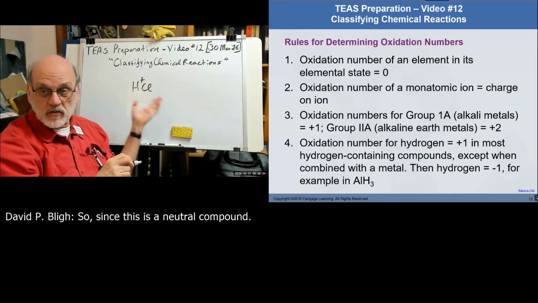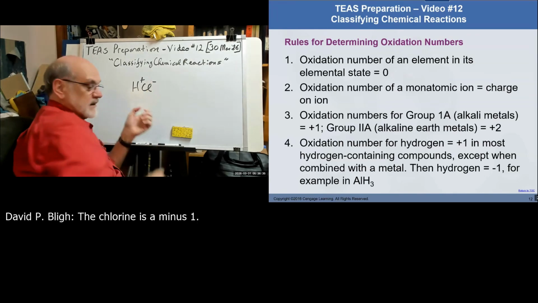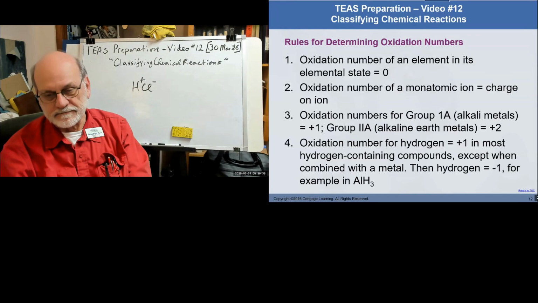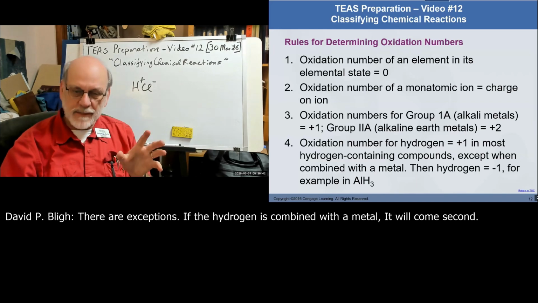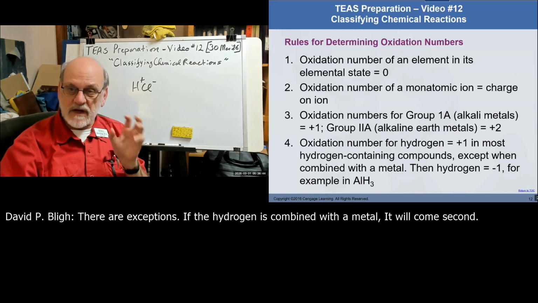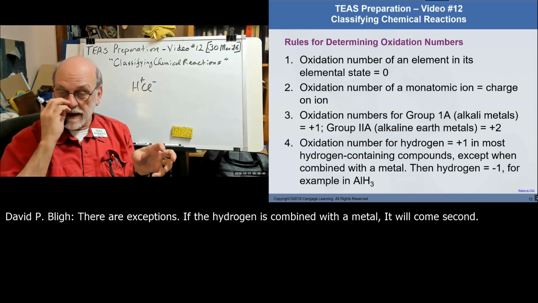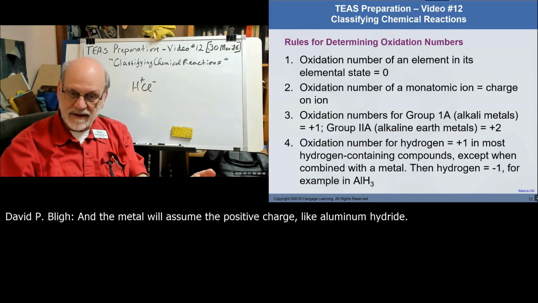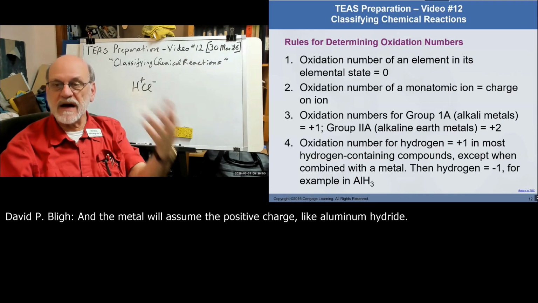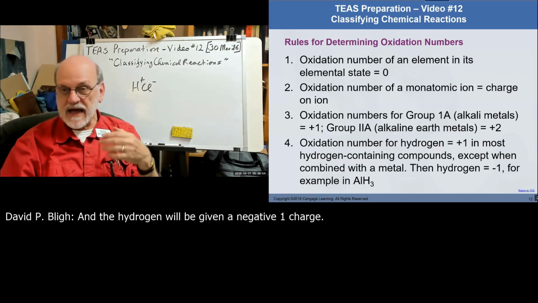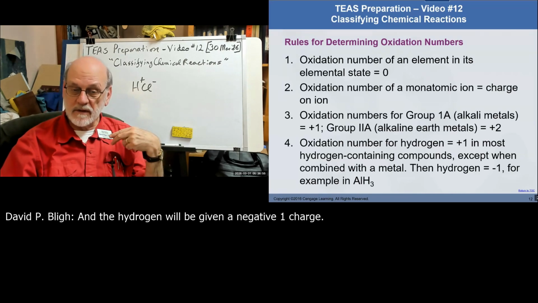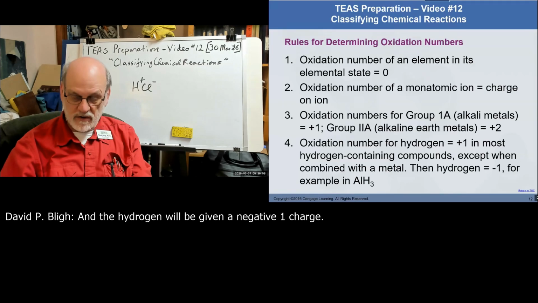So since this is a neutral compound, the chlorine is a -1. There are exceptions. If the hydrogen is combined with a metal, it will come second, and the metal will assume the positive charge, like aluminum hydride, and the hydrogen will be given a -1 charge.